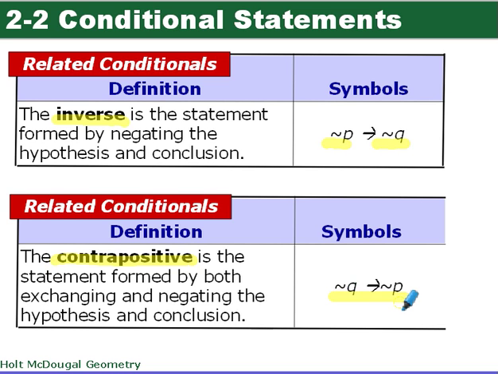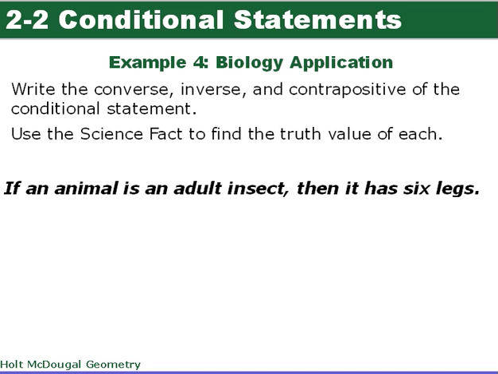All right, let's look at an example. We want to write the converse, inverse, and contrapositive of each statement and find the truth value. If an animal is an adult insect, then it has 6 legs. So here's our P, and here's our Q. The converse, we're switching the front and the back.